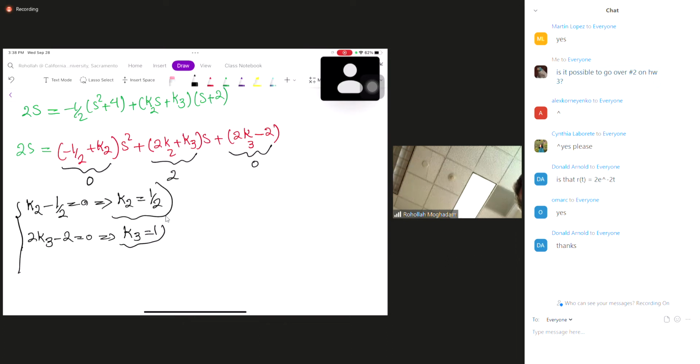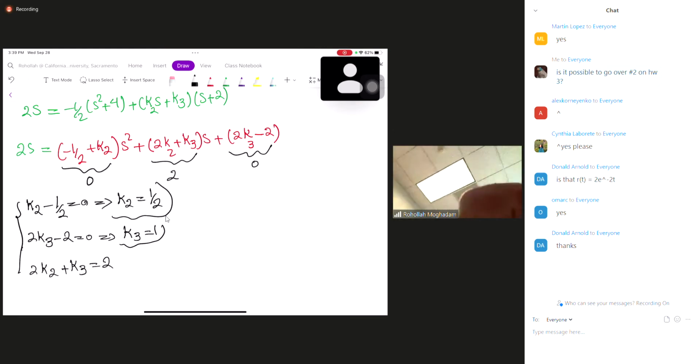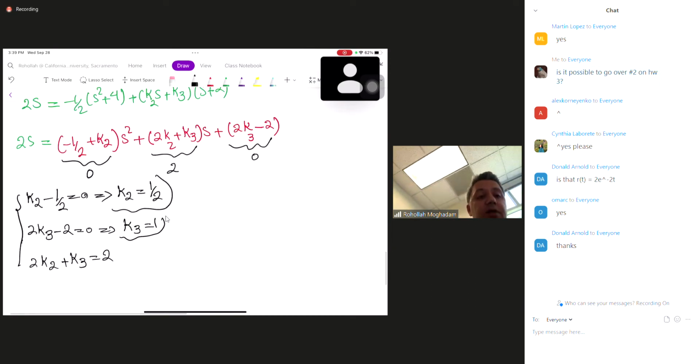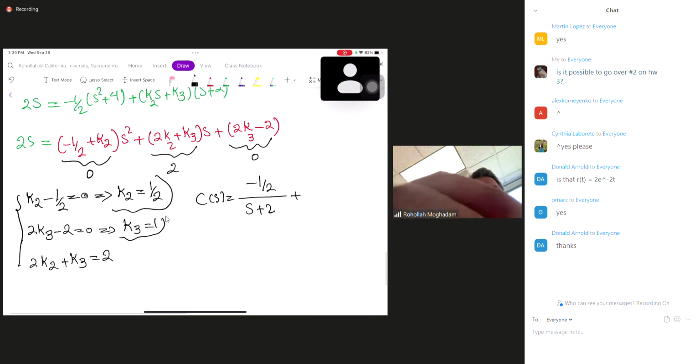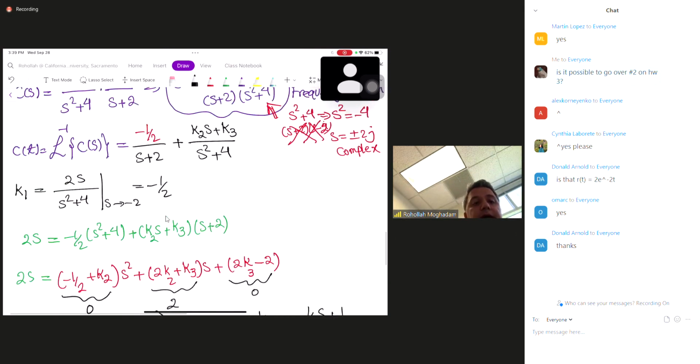And if we put k2 as 1/2 and k3 as 1 into 2k2 plus k3, it becomes 2. Now, if I write C of s, it is -1/2 over s plus 2 plus 1/2 s plus 1 over s squared plus 4. Correct?